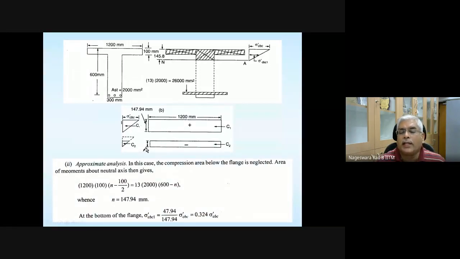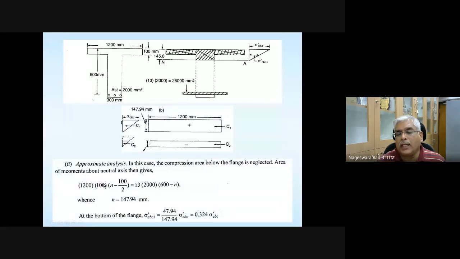With that information, you can calculate everything. Here it is recalculated, because now the neutral axis depth is going to be different. That is calculated here, because we are ignoring this portion.